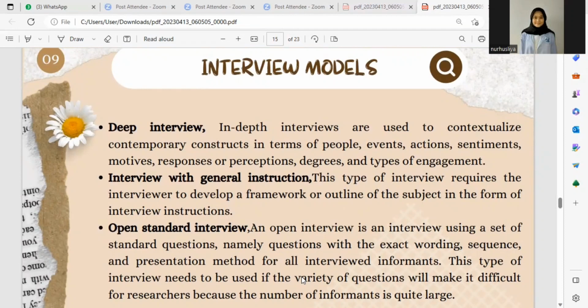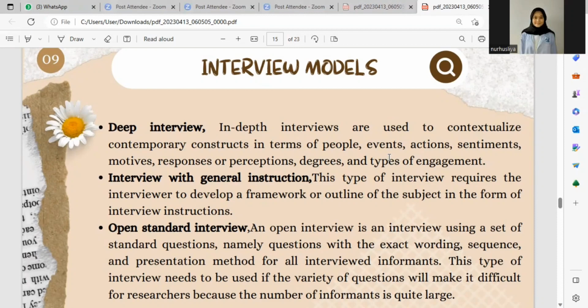Deep interviews are used to contextualize contemporary content constructs in terms of people, events, actions, sentiments, motives, responses, and perceptions, degrees, and types of engagement.